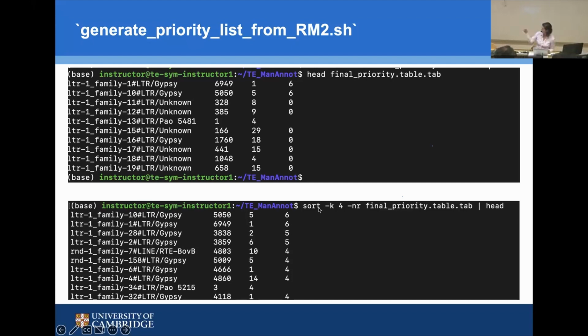In the bottom panel, I'm sorting by the number of PFAM domains, which is the last column, column 4. And the -n -r says treat this as a number and do it in reverse order. So then you have at the top the ones that have the greatest number of PFAM domains. So LTR1 family 10 has 6 PFAM domains in it. So that's probably complete.